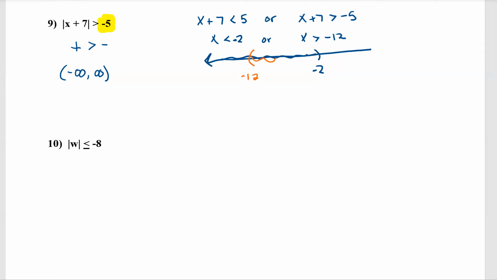Greater than -12 is going this way. So you can see that every number on the number line is covered because it's an or statement. So even if you decided to work it out, you would still get the same answer. Pay attention to the word. The word is or, because this is a greater.